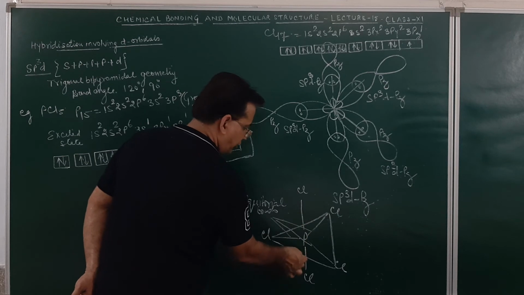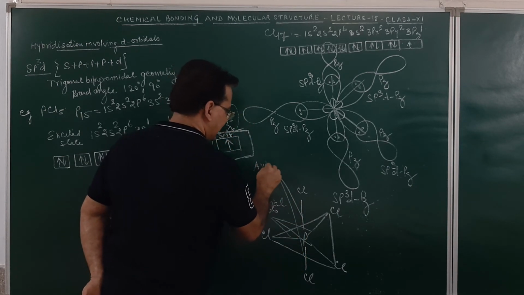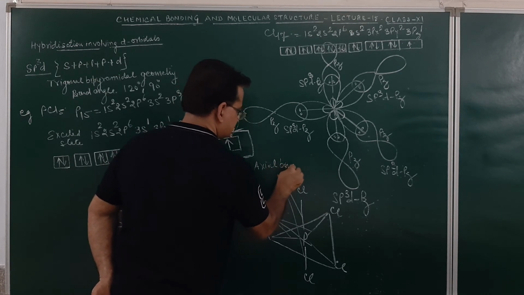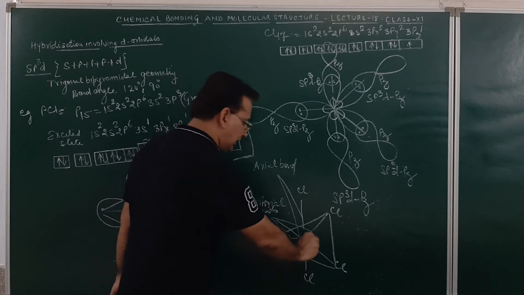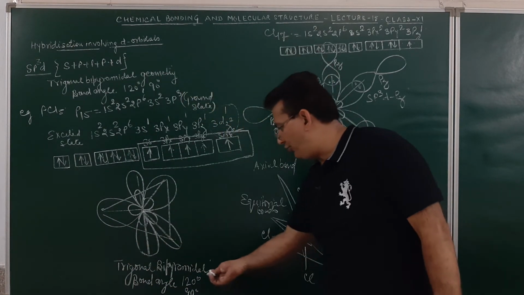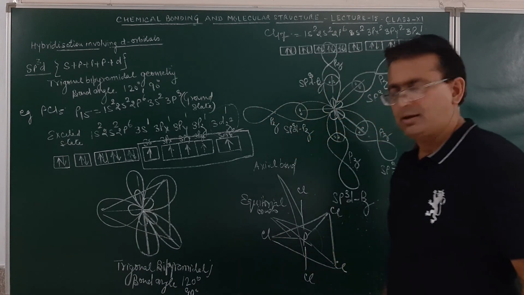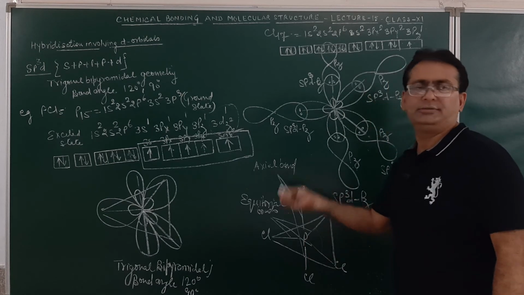This and this bond, this and this bond, are called axial bonds. The bond angle at the equatorial position will be 120 degrees, and this over here will be 90 degrees.